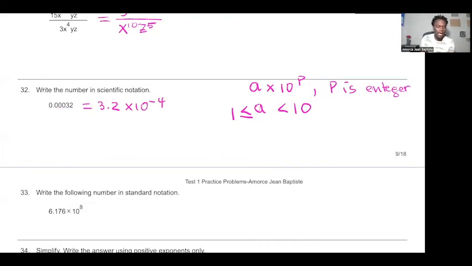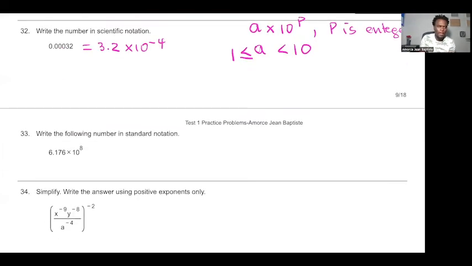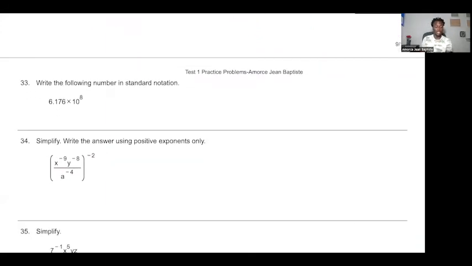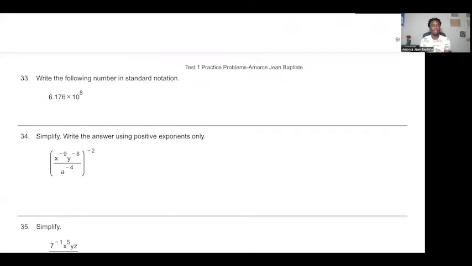And now if you have it in scientific notation, you can always do the same thing to transform it into standard form. So now 8 is the number of times you're going to need to move your decimal. You're going to move it to the right.